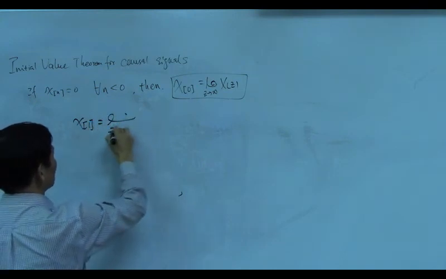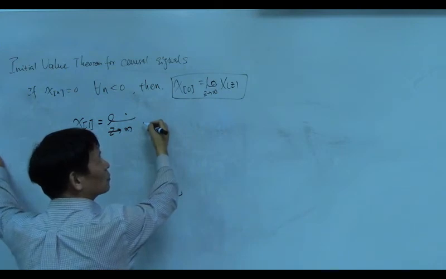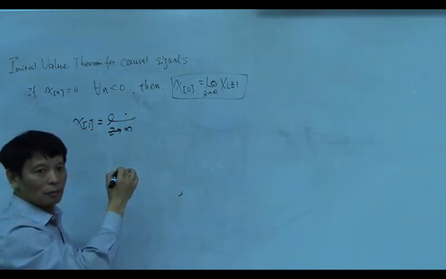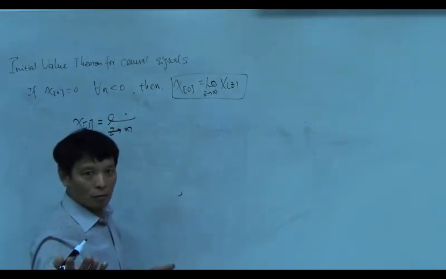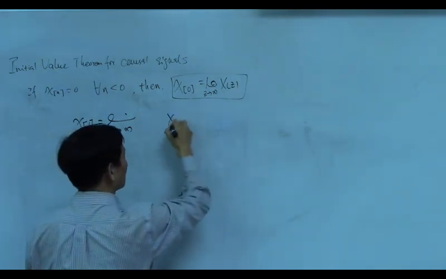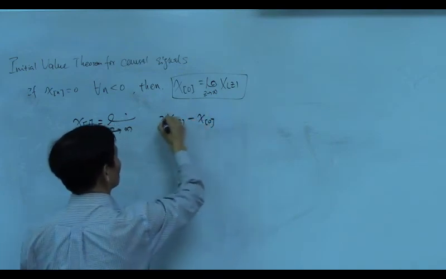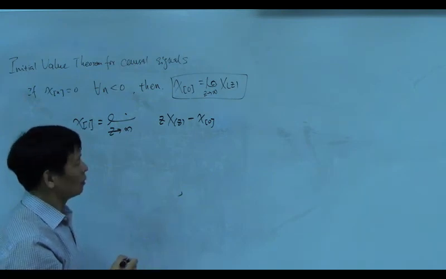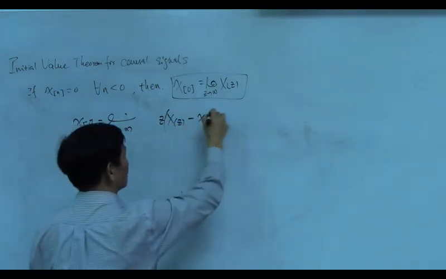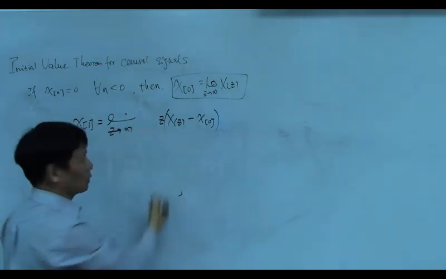The limit as z goes to infinity of X(z) minus x0, times z, then take the limit, right?